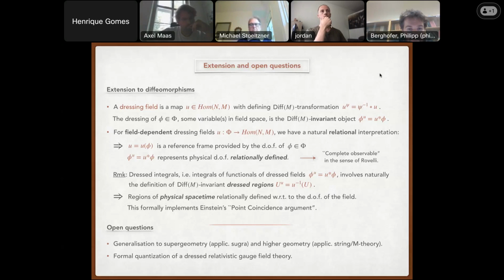So you are allowing configurations in which you transform one of the fields but not the other, as still dynamically possible models or dynamically possible field configurations. And so you have in a way doubled the gauge symmetry, but your dressing or your connection here only eliminates one of these copies of the gauge group.